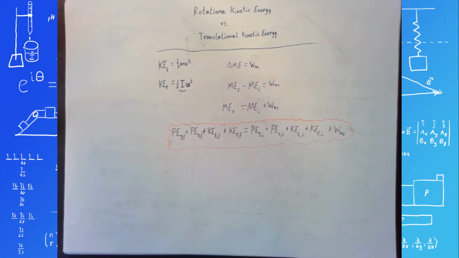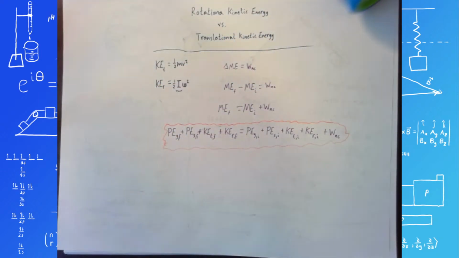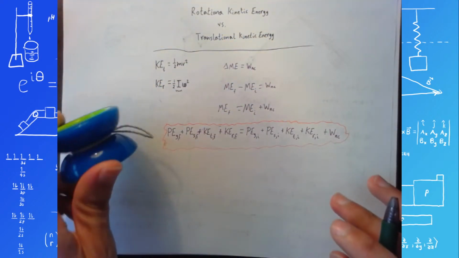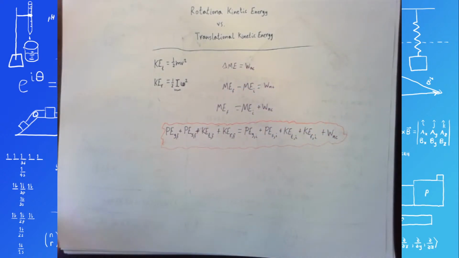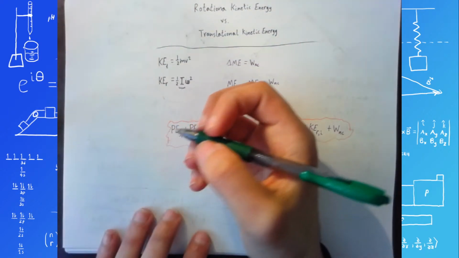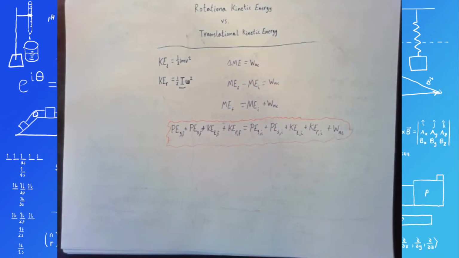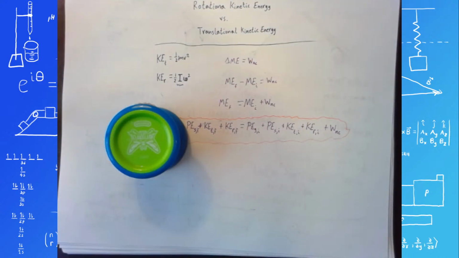Well, I could have, for example, this yo-yo over here just rolling along the page, and this would have both translational and rotational kinetic energy. How do I know? Well, it has translational kinetic energy because the whole thing is moving.